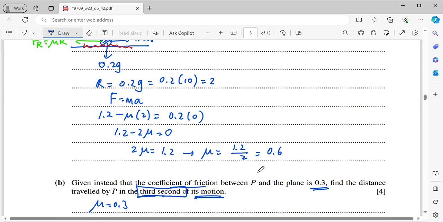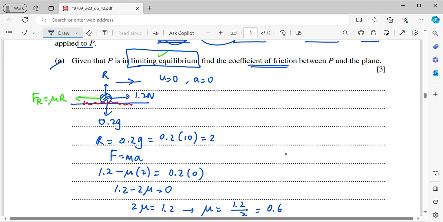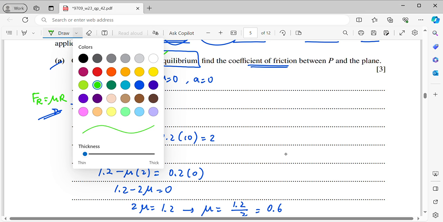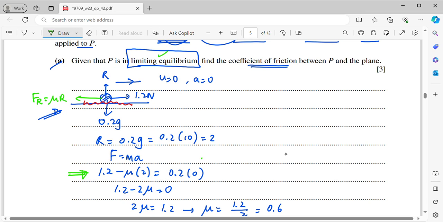Your particle is moving now, so using the same diagram, I will use back this equation, but I change my 0 to a, and my mu to 0.3.